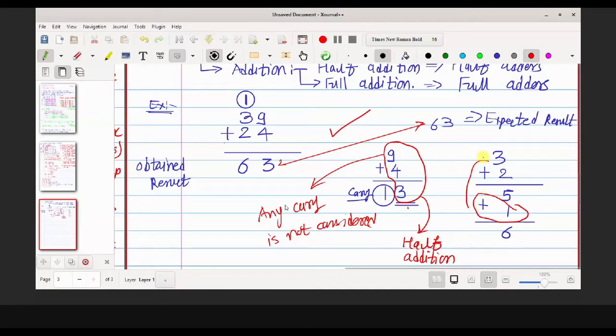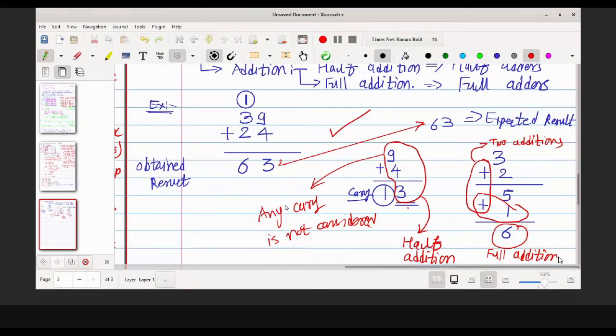I am doing 2 additions. Such a type of addition is called full addition. So we are supposed to develop 2 different circuits, which are meant for half addition and full addition.